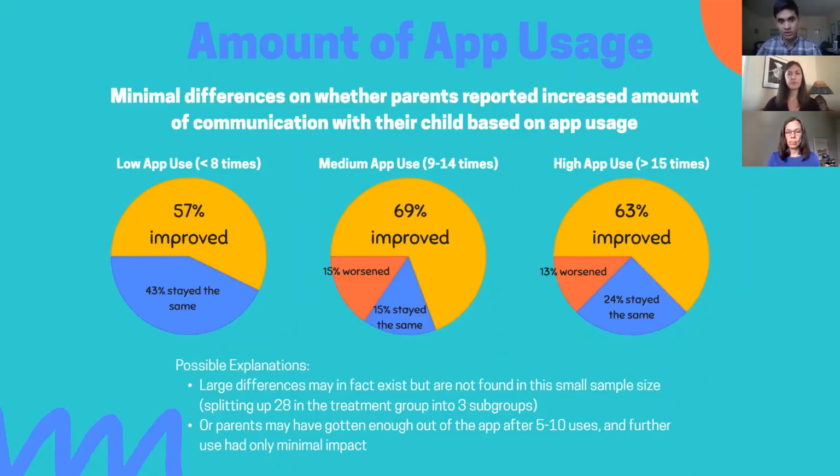And so what we see is that parents who use the app only a few times, as well as parents who used it many times, more than 15 times over the course of the study, ended up with fairly similar data. And this could be, again, attributable to a small sample size, or it could be that parents simply got enough out of the app after 5 to 10 uses, and that further use did not have a significant impact.